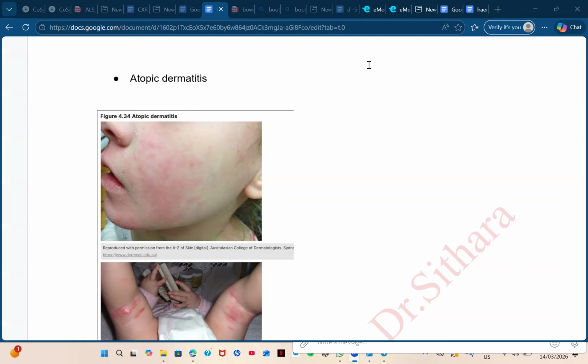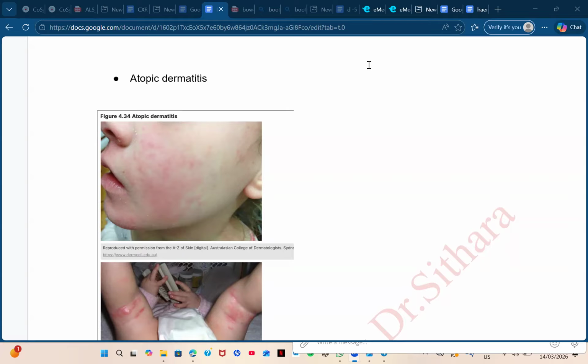Atopic dermatitis is the result of complex interplay between genetic and environmental factors. I just read from the therapeutic guideline, okay? And usually, atopic dermatitis commonly develops in the first year of life, but can present for the first time in adults as well.